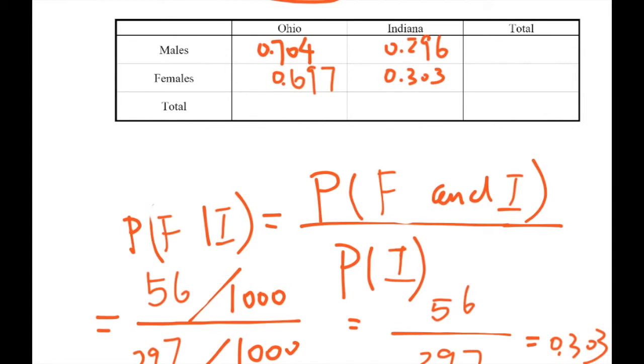Okay, and then we look at the other 5 boxes. For this one, it represents a person from Ohio, so we can find its value by using the total number of Ohio people, that is 703, divided by the total count, that is 1,000, that is 0.703.